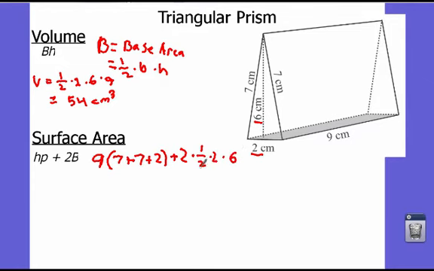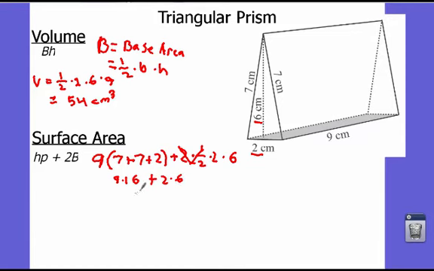So if we work this out, 7 plus 7 is 14, plus 2 is 16. So over here we get 9 times 16. Over here, 2 times 1/2, well, those cancel each other out, so I get 2 times 6.